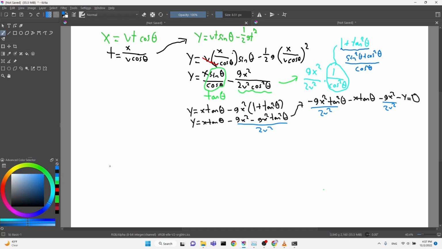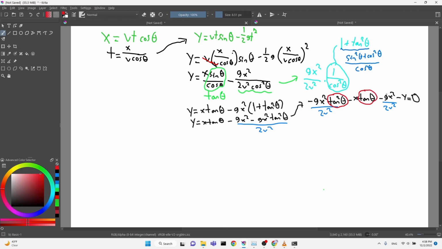Now, if you have a sharp eye, you'll notice something interesting. You'll notice that this actually forms a quadratic equation, right? And it doesn't look like one, but if I point this out, it'll be really clear. First term, we have this tangent squared theta. Second term, we have this tangent of theta.